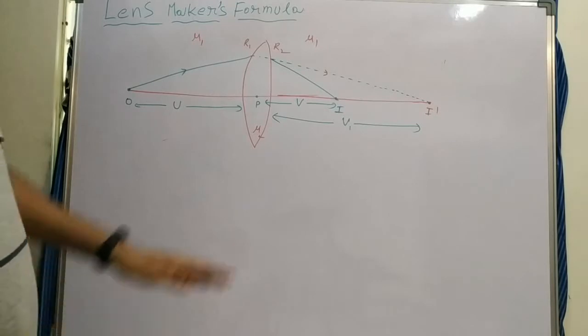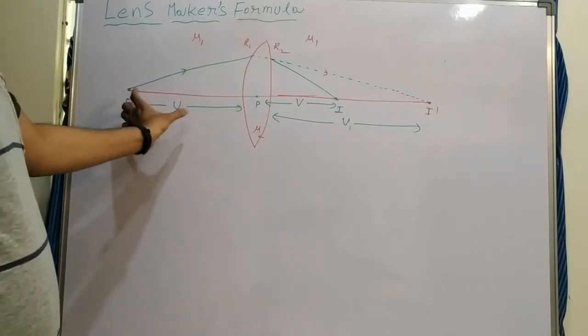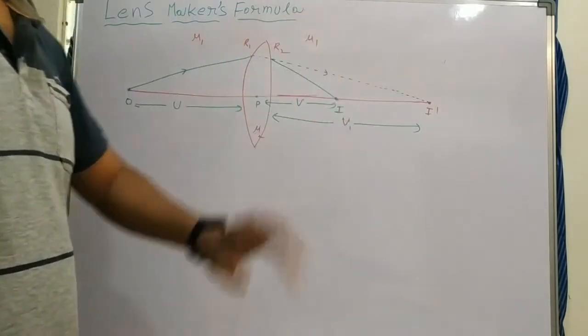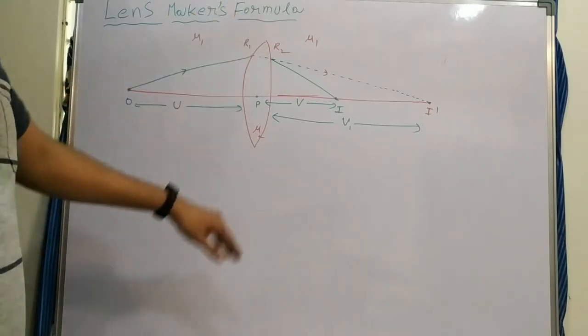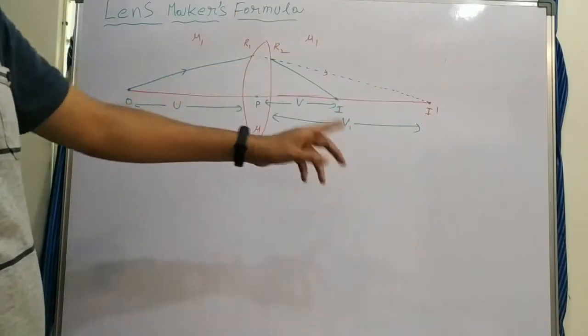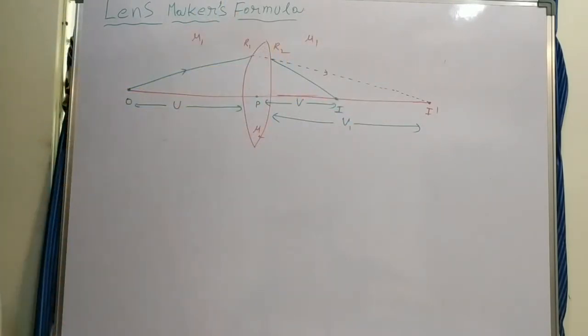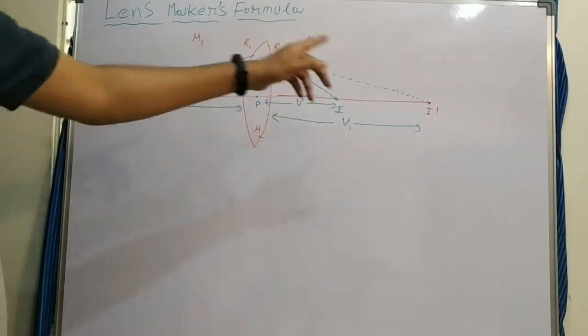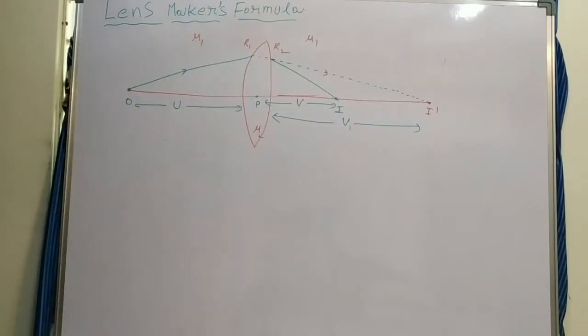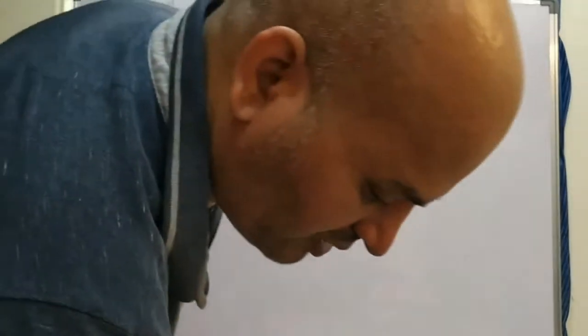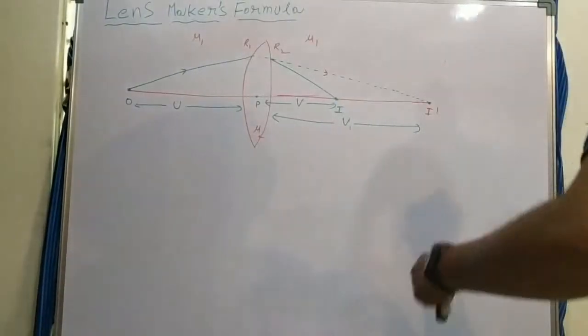For the first refracting surface, O is the object and I dash is the image. For the second refracting surface, I dash is the object and I is the image, because the ray is only modified. Now write the relation for refraction at a curved surface.